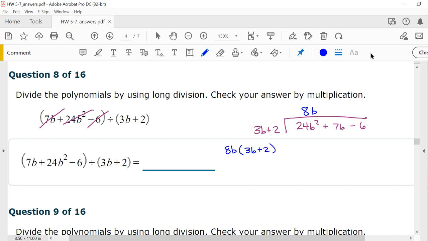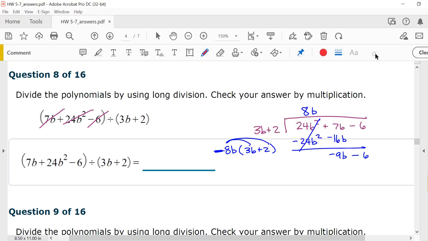But I'm going to want to subtract them, so I'm going to put a negative out front. I get negative 24b squared minus 16b. 7b minus 16b is negative 9b. Don't forget to bring down minus 6.